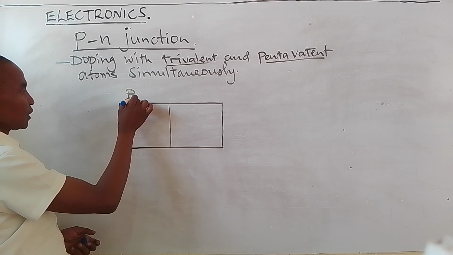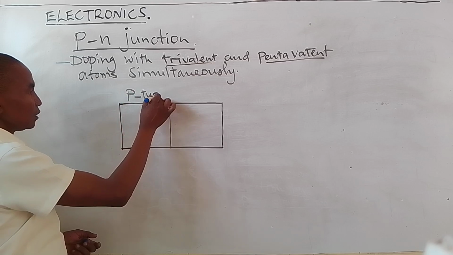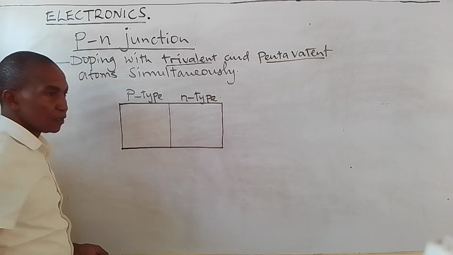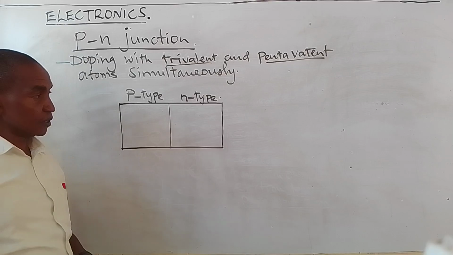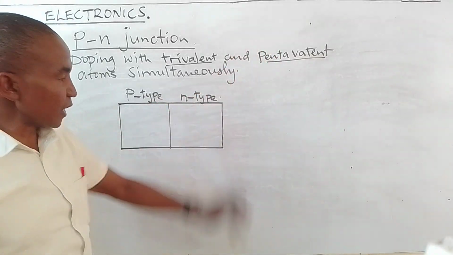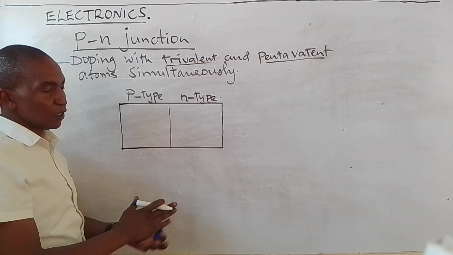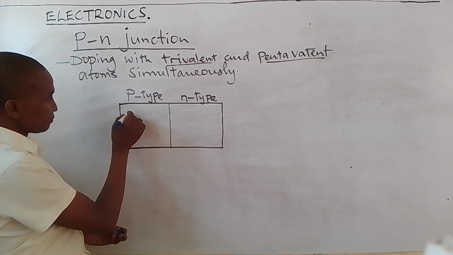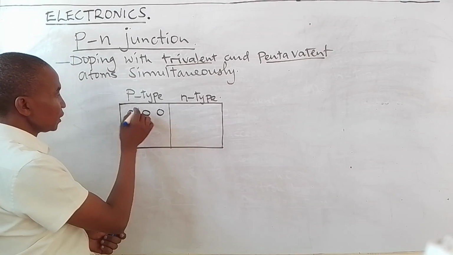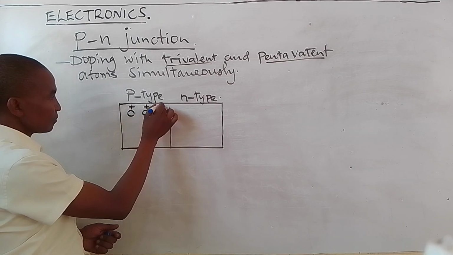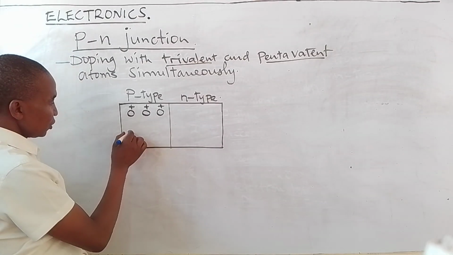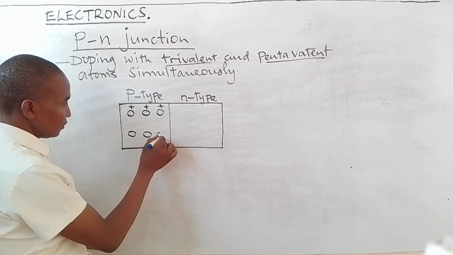So look at this. This can be the p-type region. This is the n-type region. Resulting from what? From doping simultaneously with a trivalent and a pentavalent atom. In the p-type region, what shall we have? We shall have holes as the majority charge carriers, and we shall have negative fixed ions.